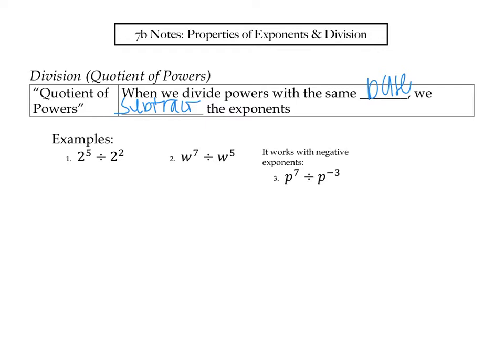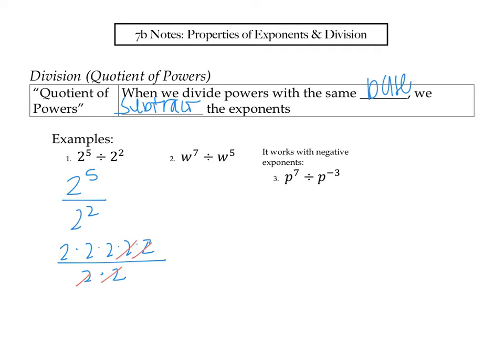So let me just show you why this makes sense. If we have 2 to the 5th divided by 2 squared, 2 to the 5th power means I'm multiplying 2 times 2 times 2 times 2 times 2. And then 2 squared means 2 times 2. If we look at what cancels out, we'll notice that we've got 2 on the bottom that cancel out with 2 on the top.